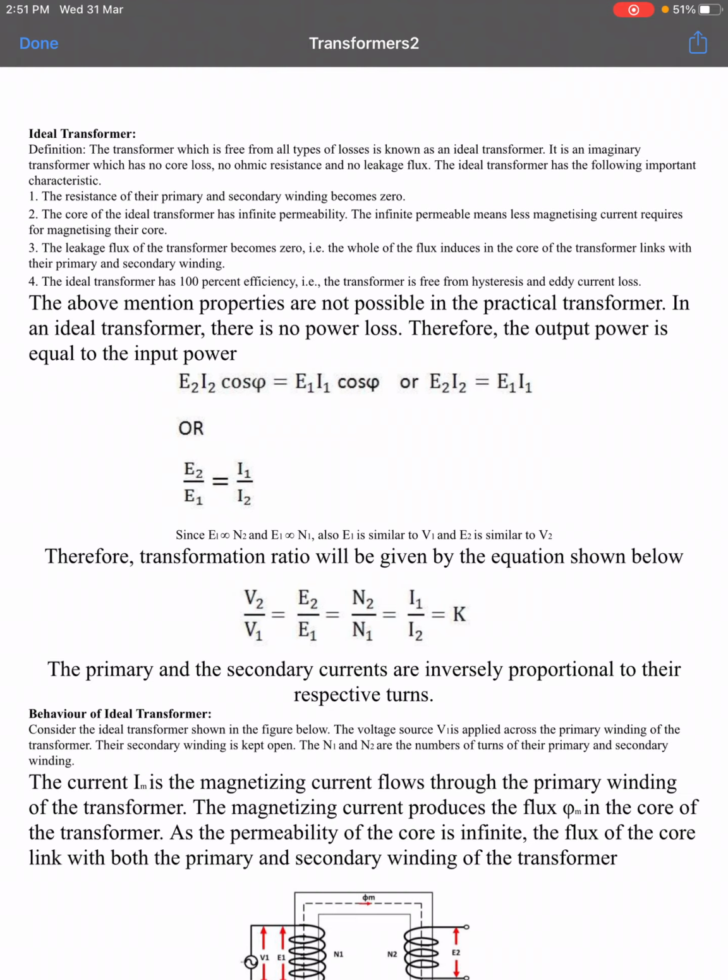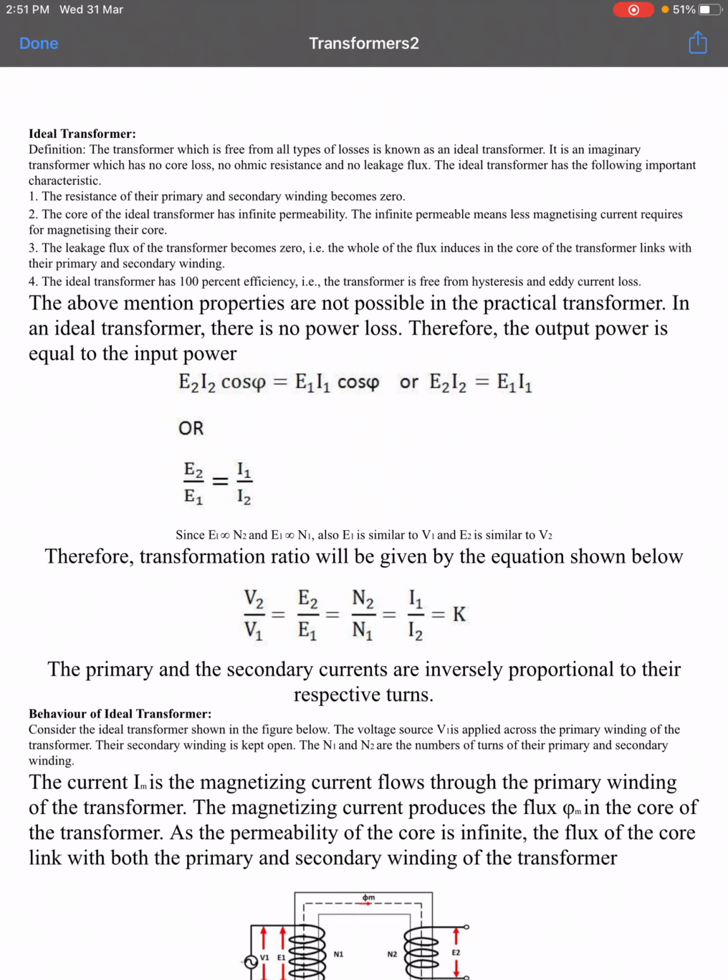We represent that with the transformation ratio K. K equals V2 by V1, which also equals E2 by E1, equals N2 by N1, and equals I1 by I2.